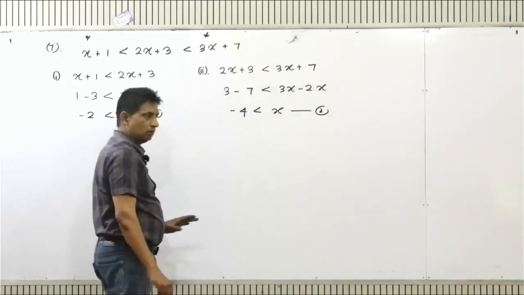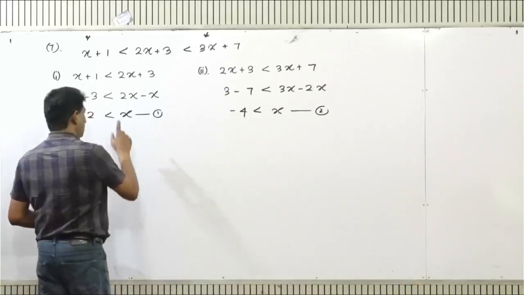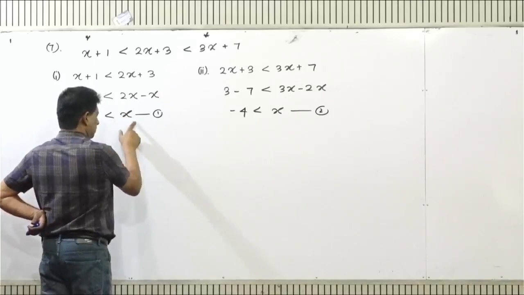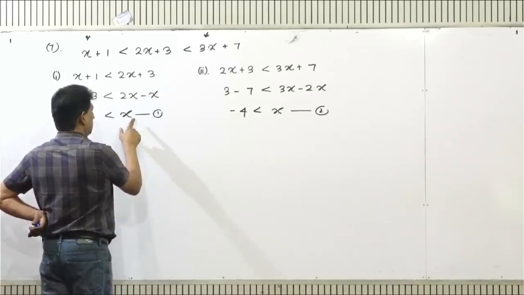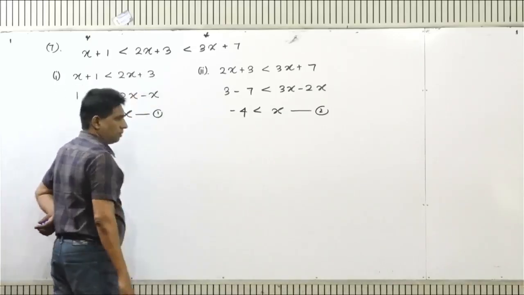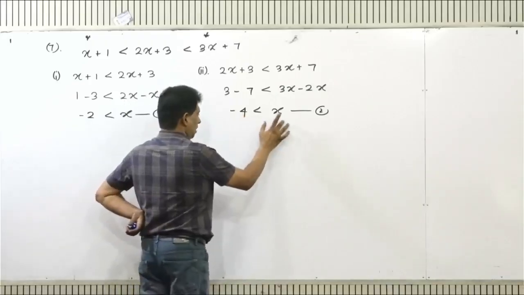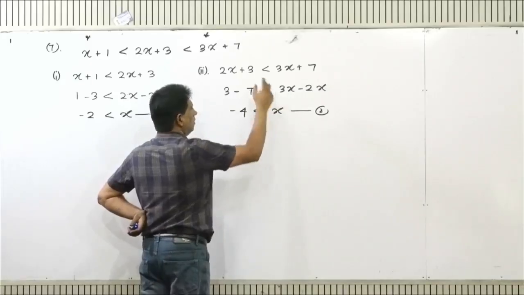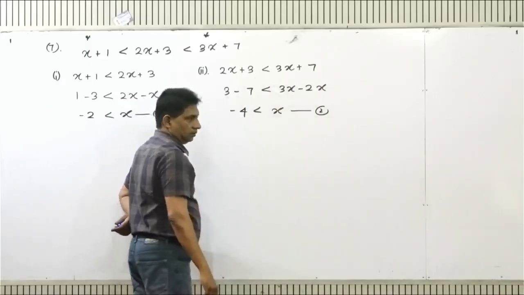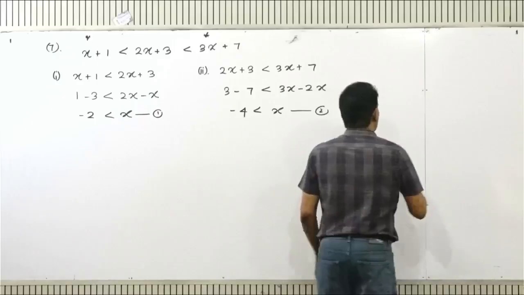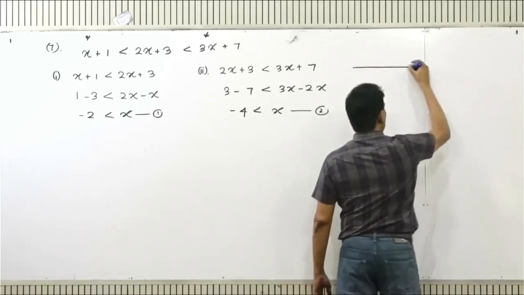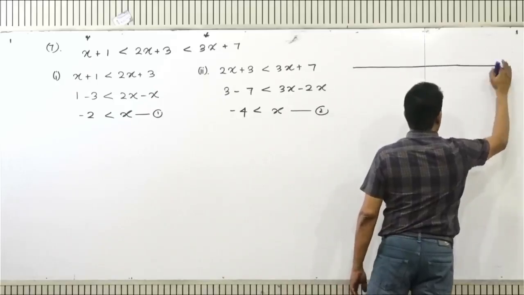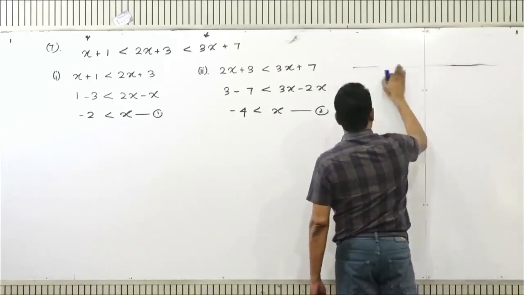Right? Now x can take any value between minus 2 and positive infinity. This is the solution for this. In this case, x can take any value greater than negative 4, the solution for this inequality. Now we have to find the common solution. For that, we can use the real number line.